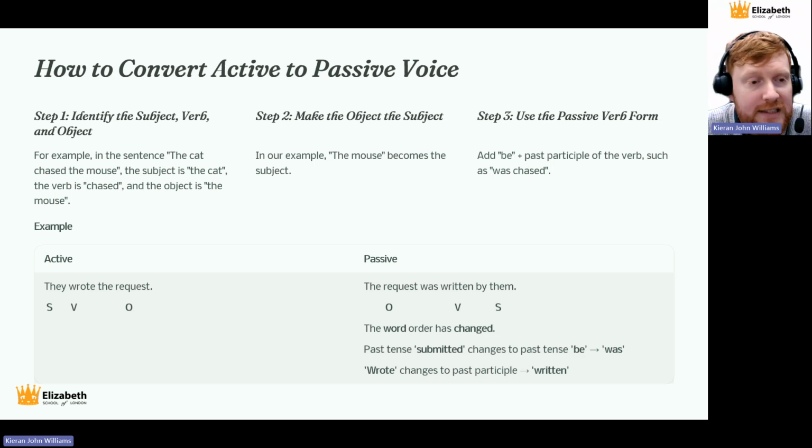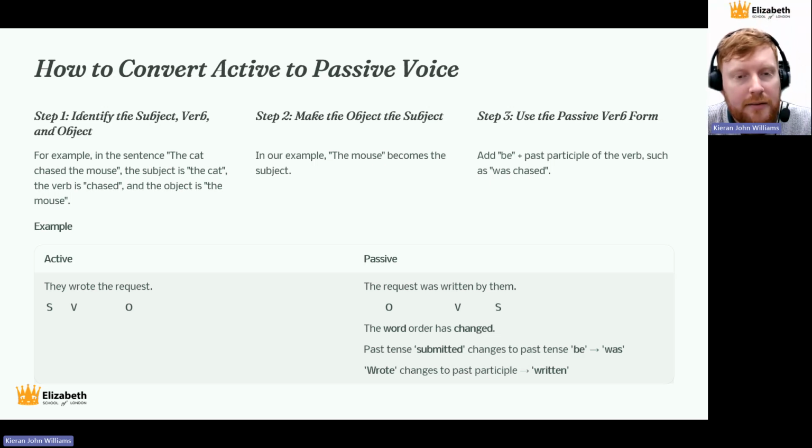So chased is in the past simple. What you should then do is find out what the past simple of the verb to be is. So it would be, in this situation, was or were. And then the same verb, chased, you need to put into the past participle form. So it is chase, chased, chased. So the past participle is also chased. So you would put was chased.